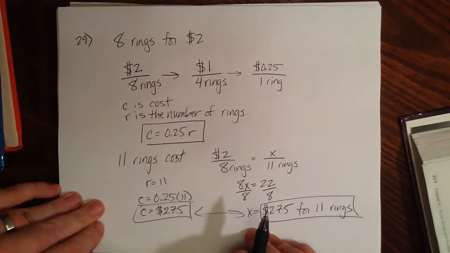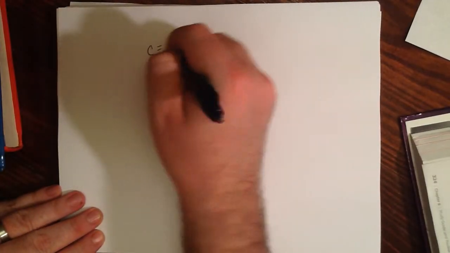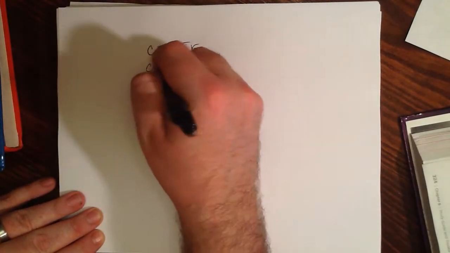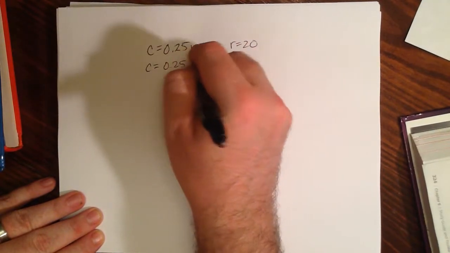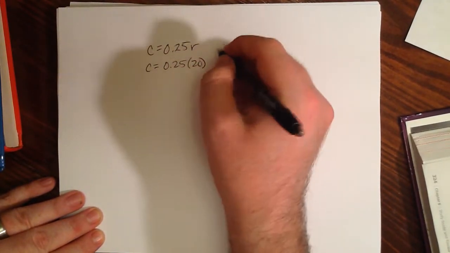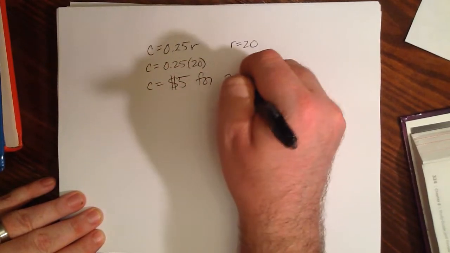Lastly says, how much would it cost for 20 rings? Okay, so the cost is 0.25 times the number of rings. So the cost for 20 rings, that's R equals 20, would be 0.25 times 20, which is $5 for 20 rings.